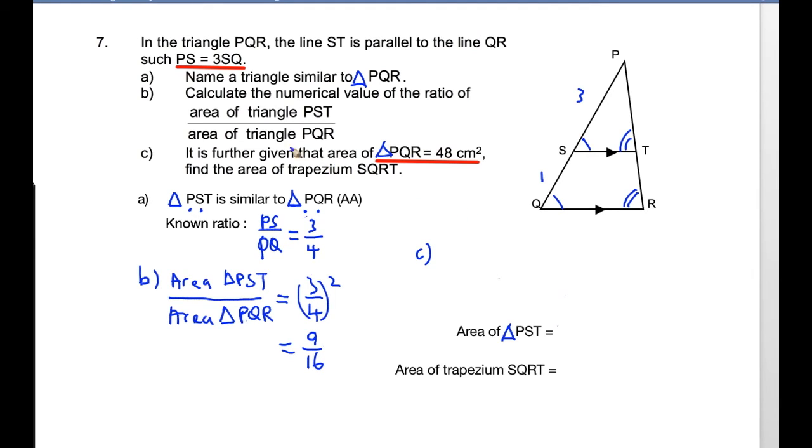In the third part, we need to find the area of the trapezium SQRT. To do that, we need to take the whole area minus the area of the triangle.